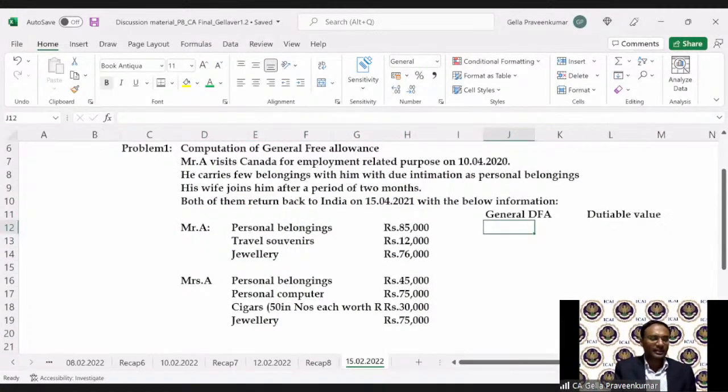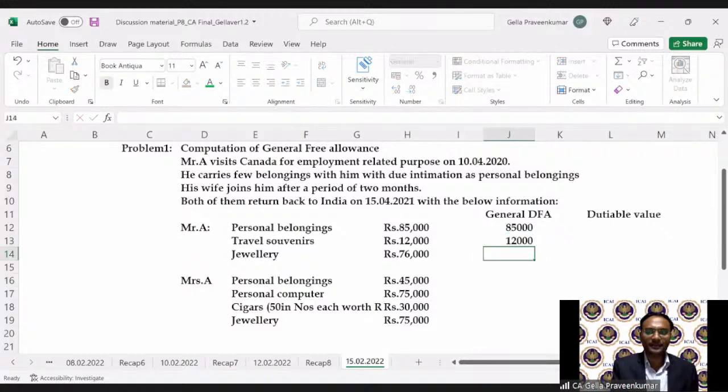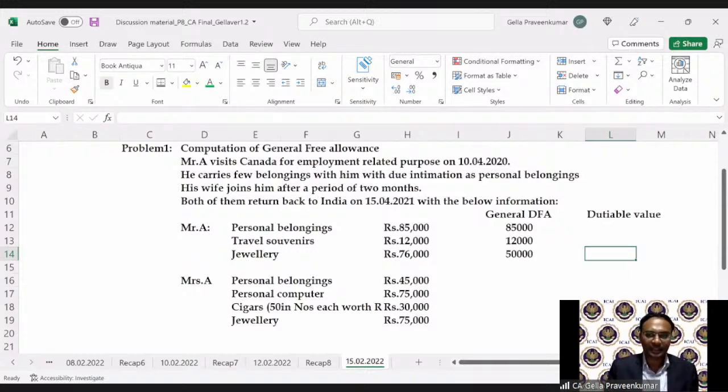Personal belongings, if you read your rule number 3, all used personal effects traveling from any country, whether it is an Indian resident or foreigner, whoever it is, are duty free. 85,000 duty free. Travel souvenir, again, that is also duty free. Jewelry, as per rule 5, 50,000 is the cap for gentlemen, and the rest, 76,000 minus 50,000, 26,000 is dutiable.